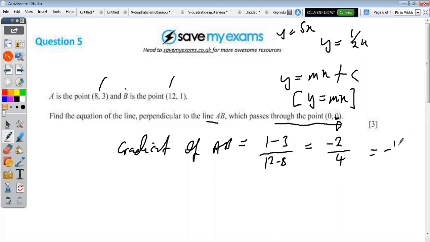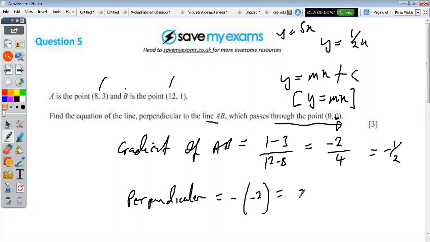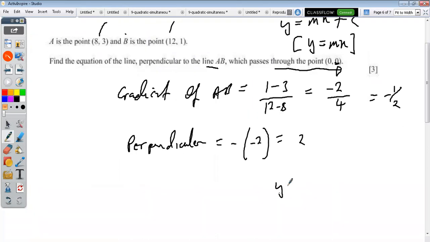That is minus a half. Then the gradient of the perpendicular will be the negative reciprocal of this. For those that are still slow, I'll do it slowly: the reciprocal gives us 2. So y is equal to 2x, done. There is no c here because it's passing through the origin. Are you together? Yes, sir.